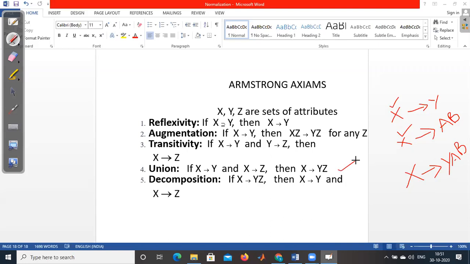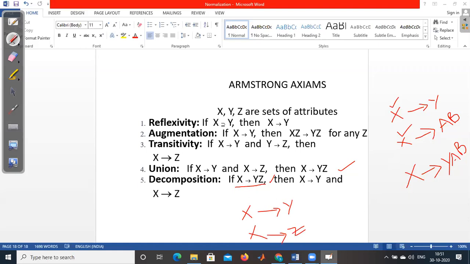Next one is the decomposition rule. According to the decomposition rule, if X → YZ is there, then we can write X → Y separately and X → Z separately.